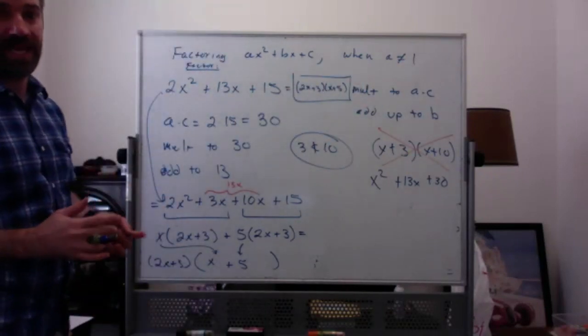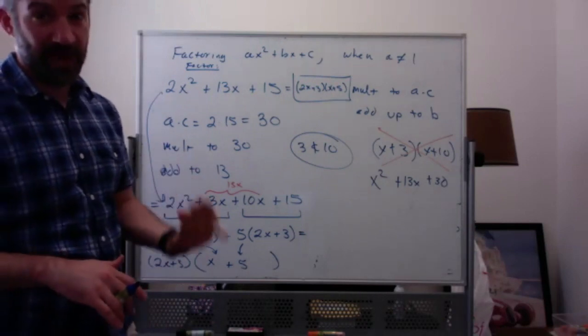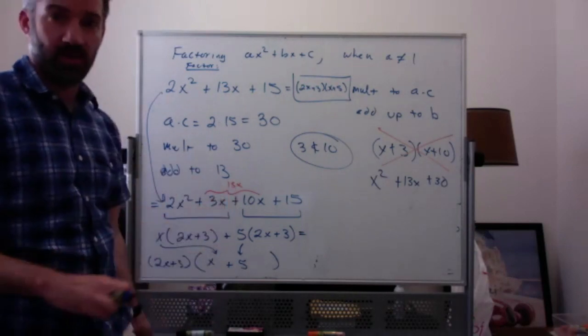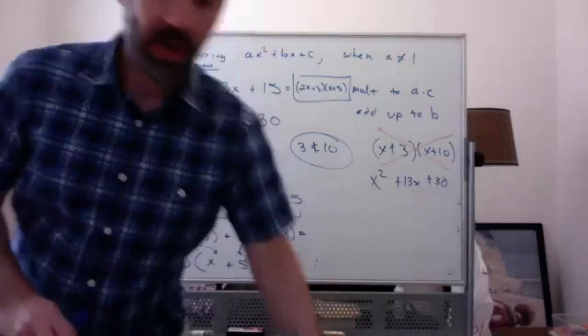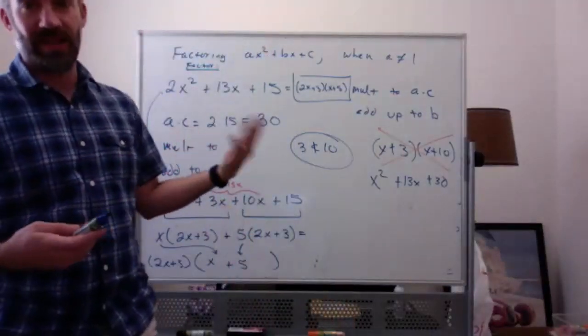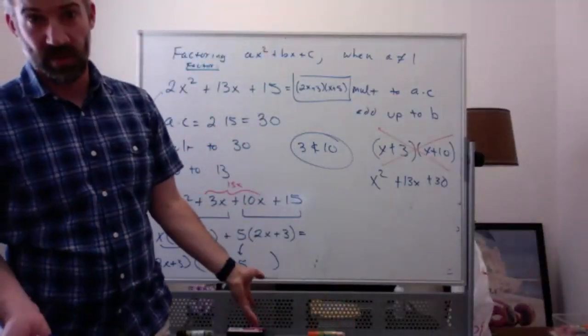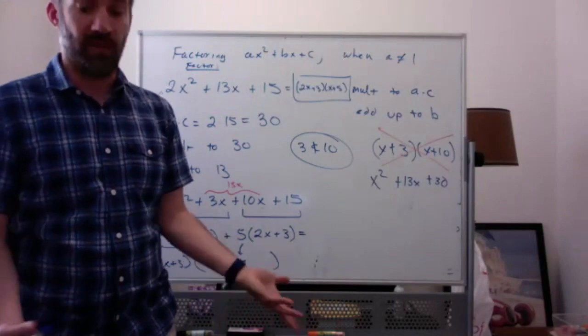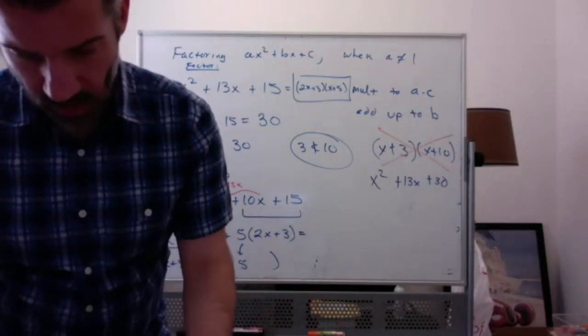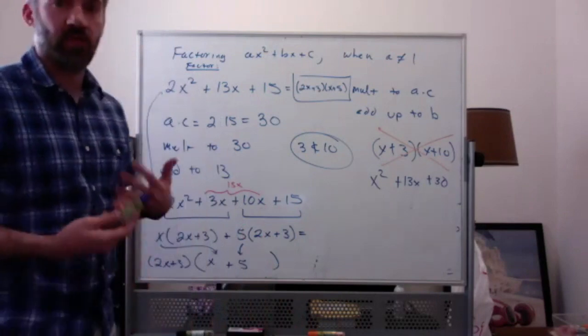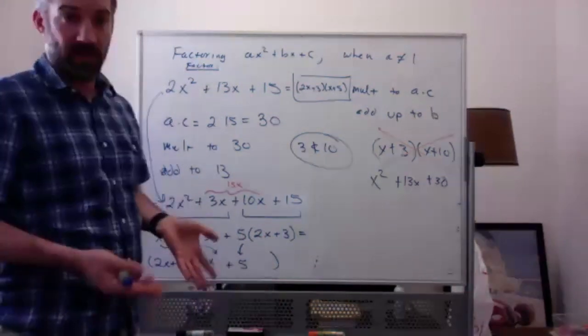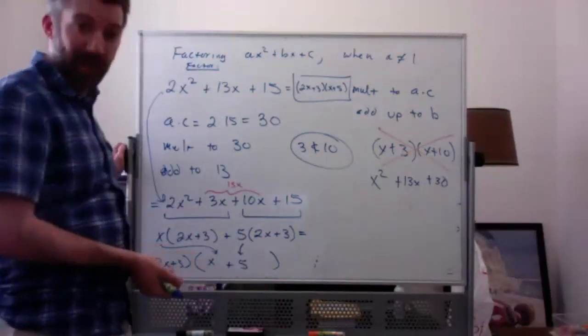And this process, as long as the thing factors, will always work. The bummer is that not every quadratic factors. There are lots of quadratics that don't factor. And so what I will tell you is if you find yourself spending a lot of time trying to factor something, you should stop.